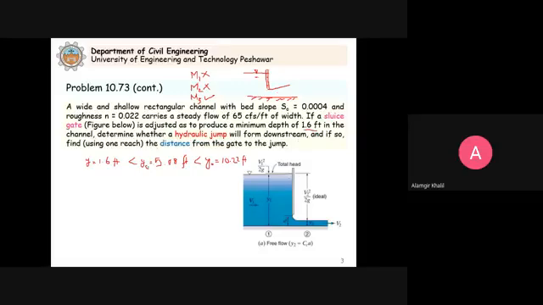So it passes through the critical depth. You can see here, it will pass through the critical depth 5.08. As a result, a hydraulic jump will form, and after the jump the water can flow with the normal depth. Clear? So this is the depth here.